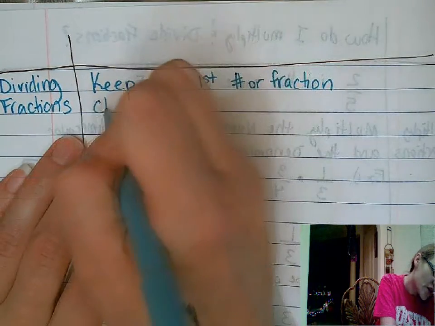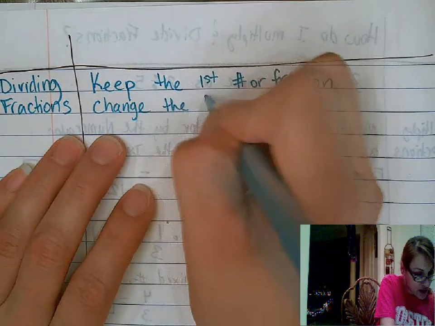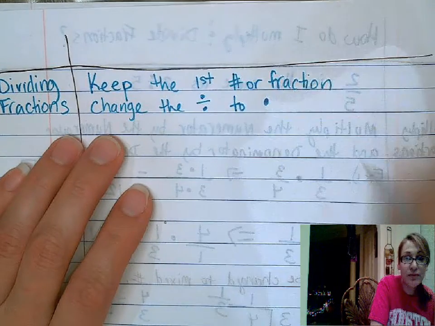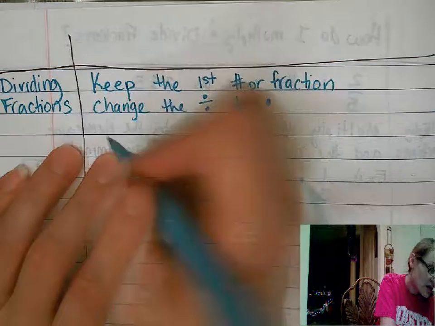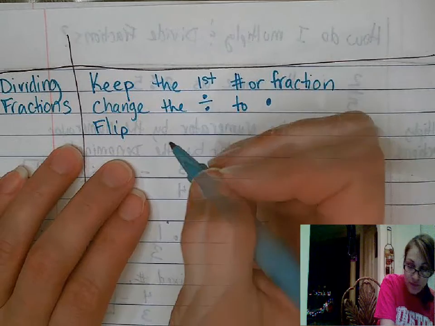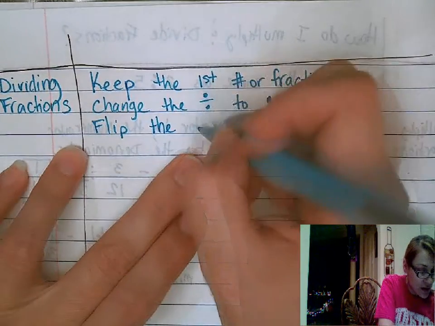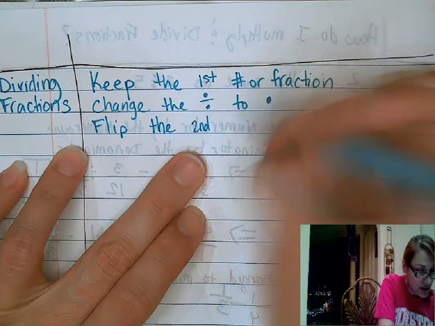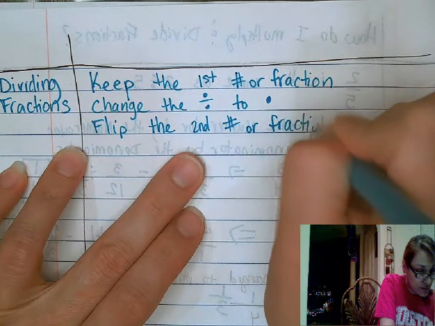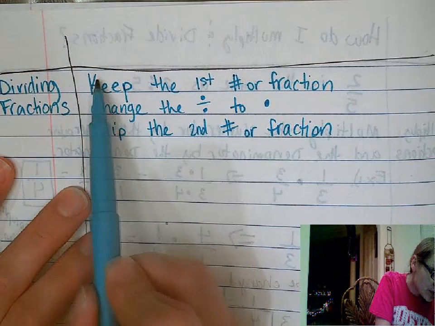You're going to change the division sign to multiplication, and then you're going to flip the second number or fraction.